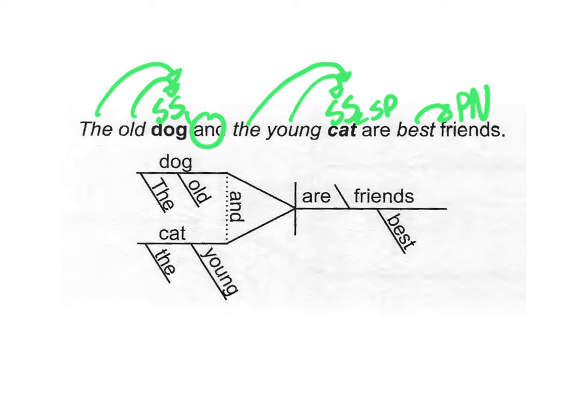Some students say that it connects the dog and cat, but I'm going to show you down below a way you can find out if that's right. It's actually not right. It connects the old dog and the young cat. This and this are connected by and, okay?